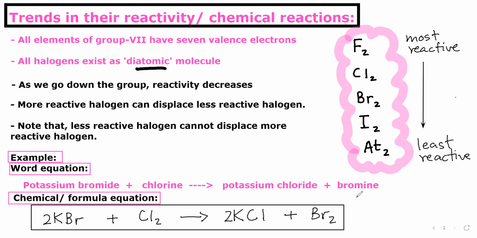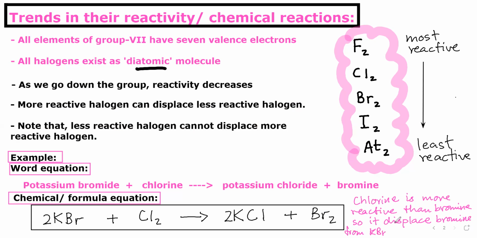Chlorine is more reactive than bromine, so it displaces bromine from potassium bromide, KBr.